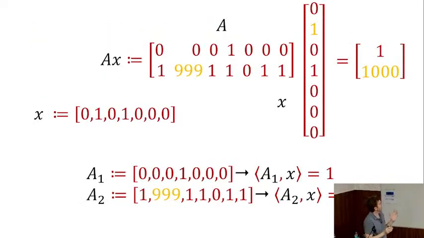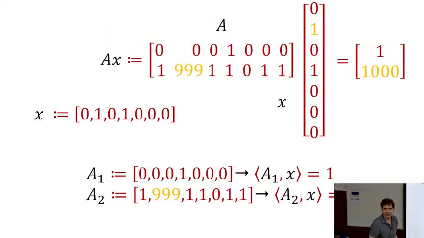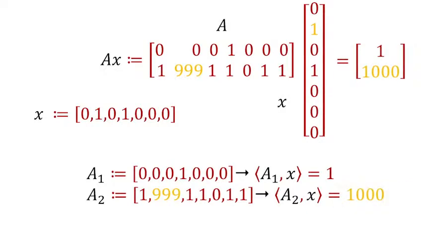But that doesn't quite capture the following upgrade to the previous example. Again, this input vector x is the same, and the first row of A is the same as before. Now in the second row, I have some very large entries, say 999. I look at the second coordinate of A times x, and I see that it's 1,000.